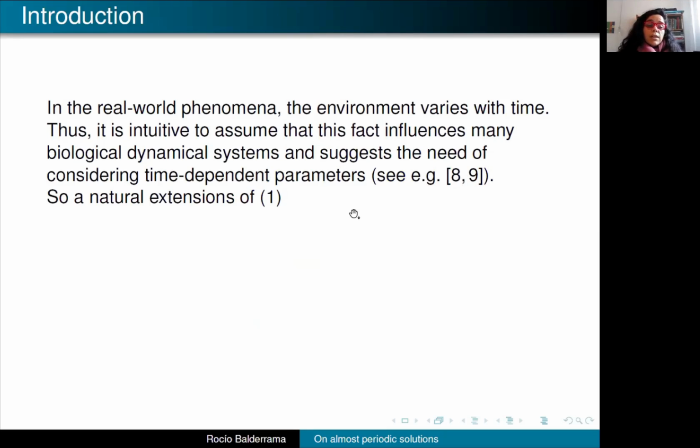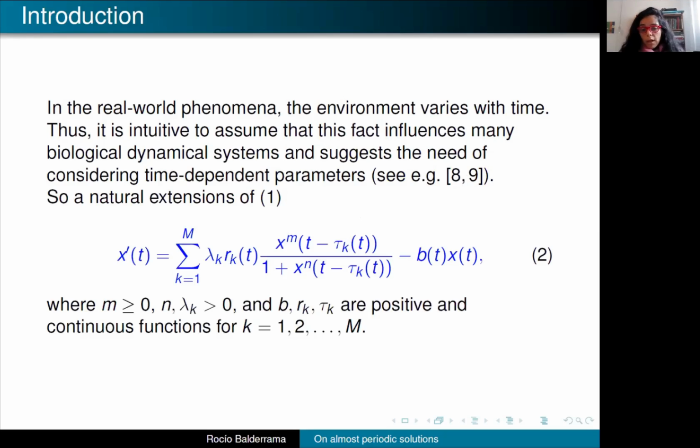A natural extension of the Mackey-Glass model, among the many extensions and generalizations, is this one, where we consider all parameters time dependent.